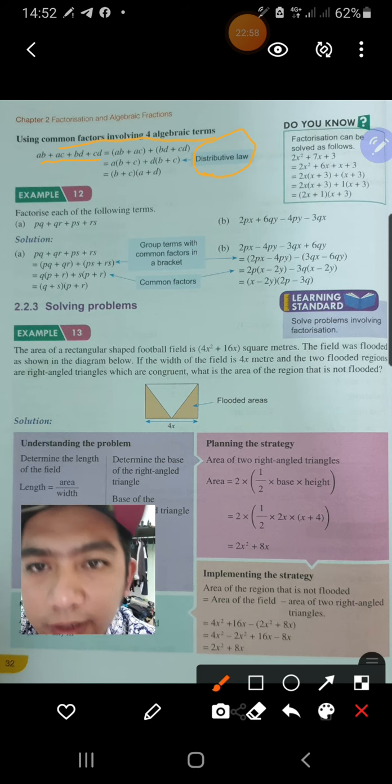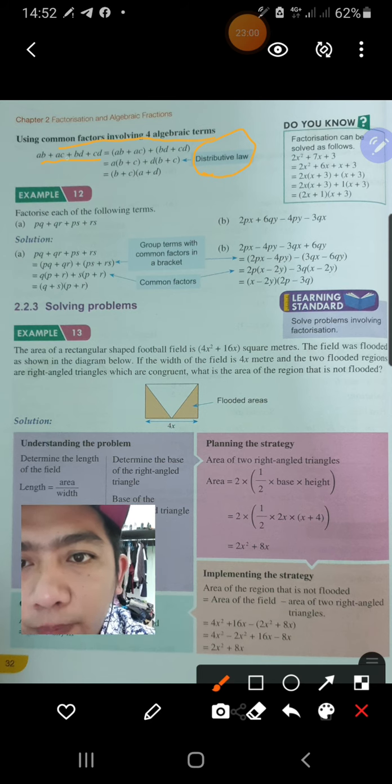Okay, so actually first kita kena kumpul dulu di mana yang ada huruf yang sama. Okay, this one A ada, sini pun ada huruf A. That's why the bracket sekali sini, AB plus AC plus this one dia kumpul because dua-dua ada huruf D, and that's why BD plus CD.